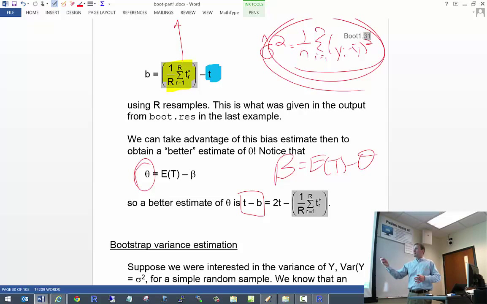Do you think that this is a perfect estimator of theta? It's not perfect. So you might be thinking, maybe I could calculate a bootstrap estimate of the bias of the bias. Basically, you want to know what the bias of the bias is. That allows you to do a second layer of resampling. I think I mentioned this term the other day: a double bootstrap.